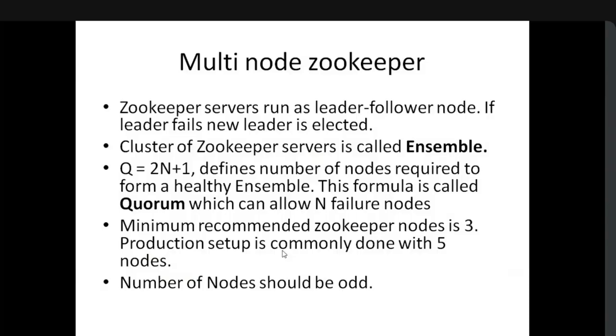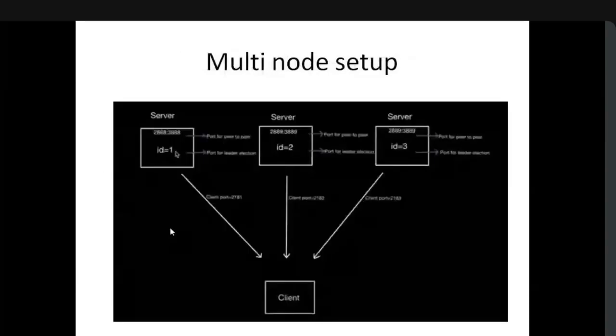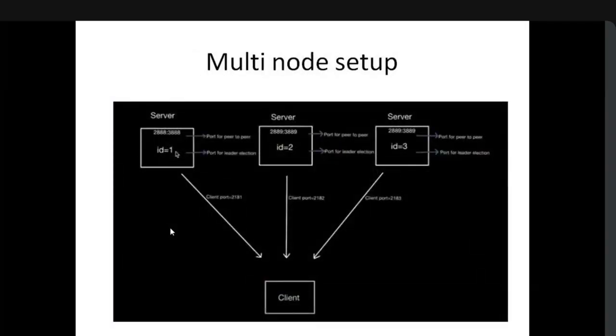Quorum is a term which is generally used in the zookeeper cluster only, and it is a healthy state of the ensemble, and it gives us the count of minimum required nodes. Okay, now let's go ahead.